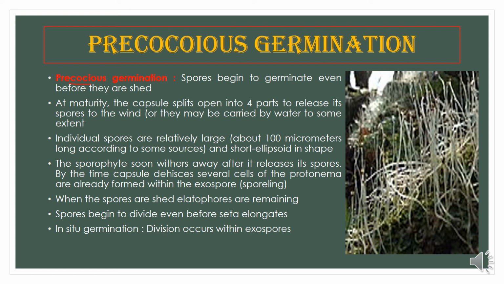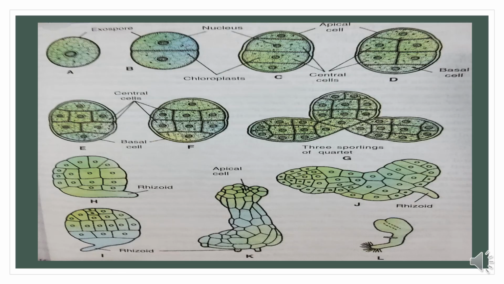In this precocious germination, the spores become a multicellular structure, which I'll be explaining in the next slide, which is much more elaborate. This is how the spore germinates into a sporeling.